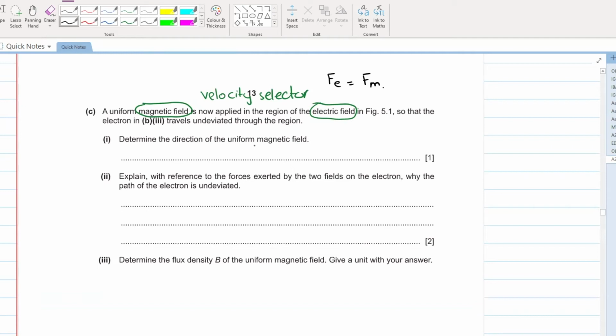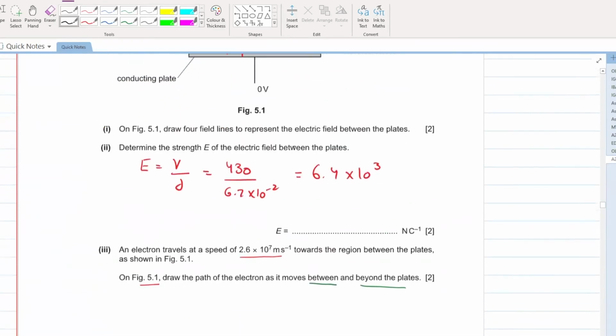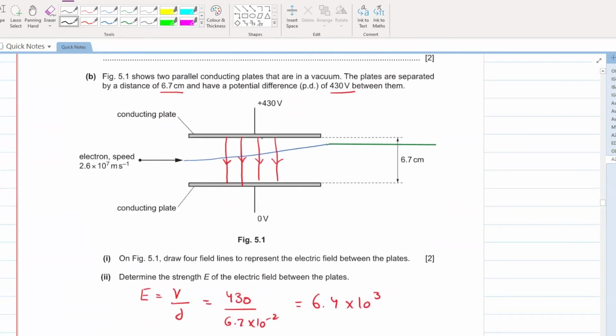Determine the direction of the uniform magnetic field. So if the electron wants to travel undeflected, magnetic force will act downward. Perfect. And since this is an electron, the direction of current will be opposite to the direction of the electrons.